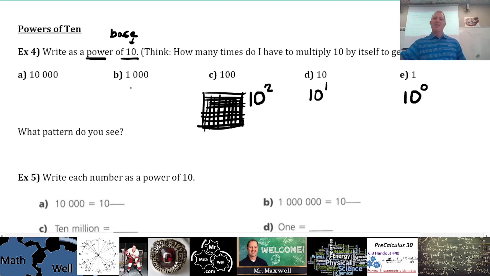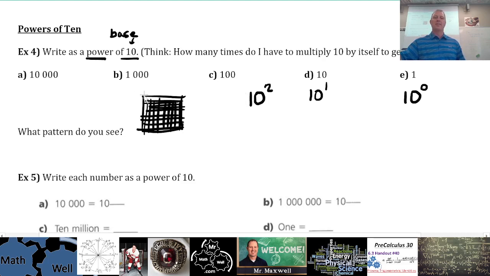Okay, 1,000. Did you know that if we drew this square of 100 units, which is super messy, and made it into a cube, we'd go 10 units this way and this way as well?